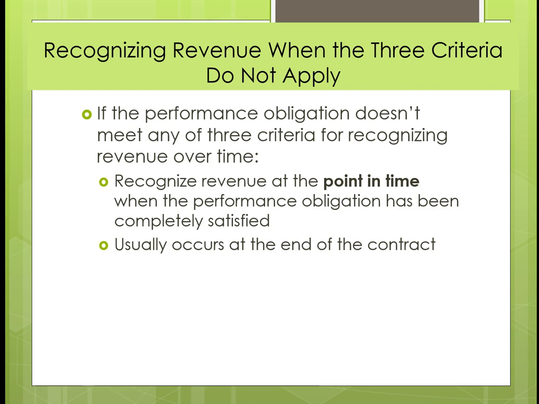If the performance obligation doesn't meet any of the three criteria for recognizing revenue over time, then recognize revenue at a point in time when the performance obligation has been completely satisfied. It usually occurs at the end of the project.